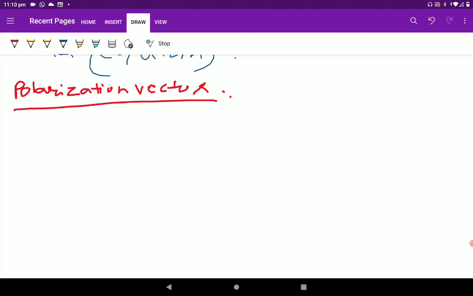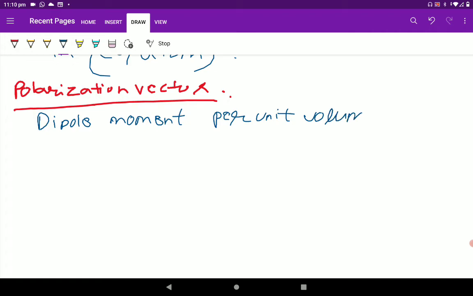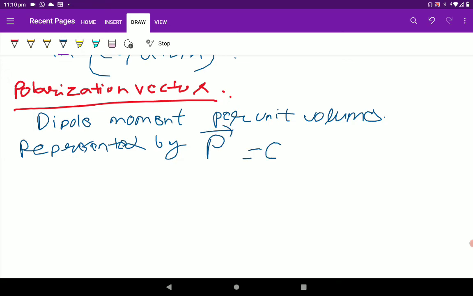The polarization vector is the dipole moment per unit volume, and it is represented by this expression.